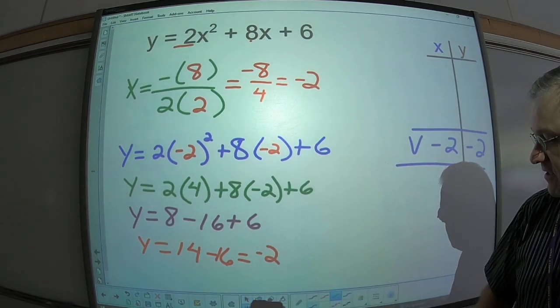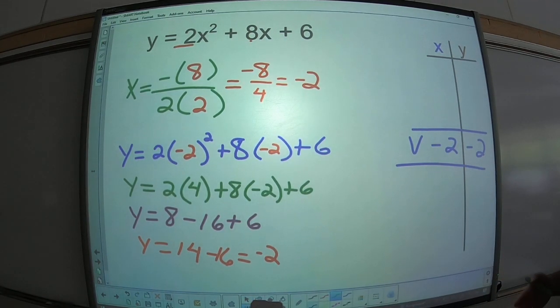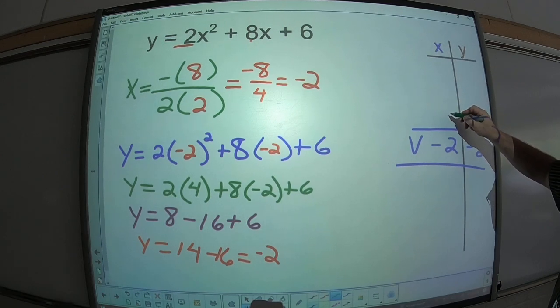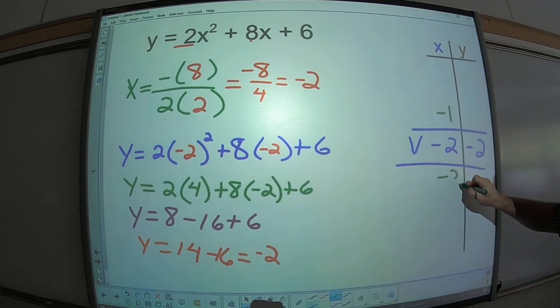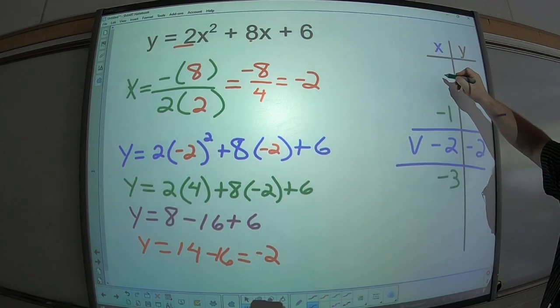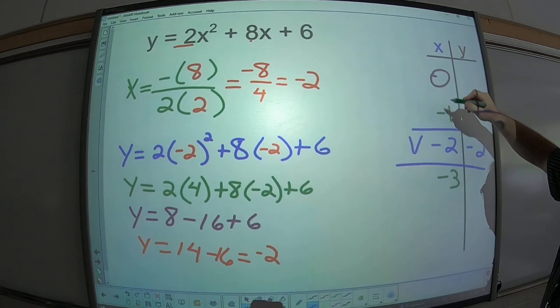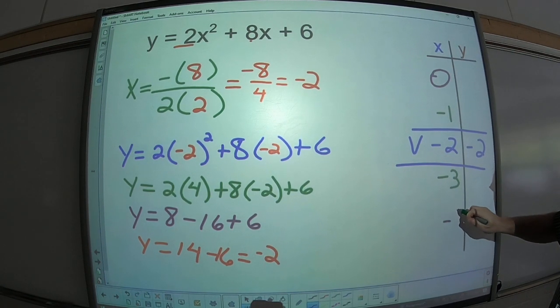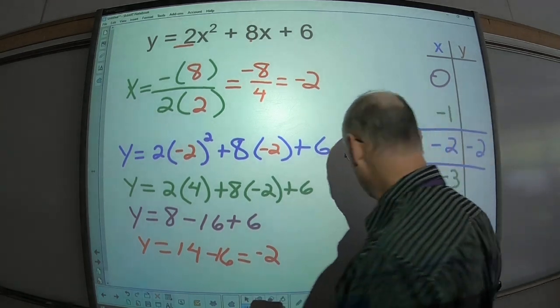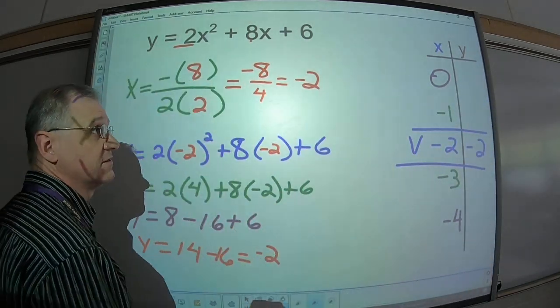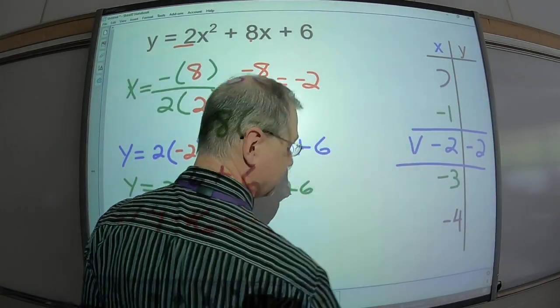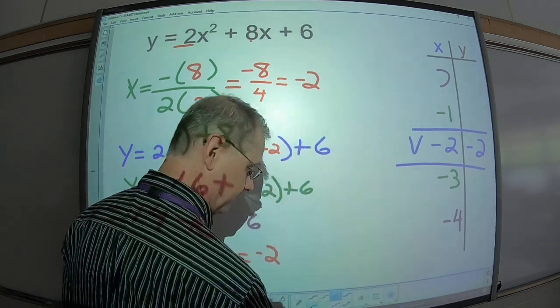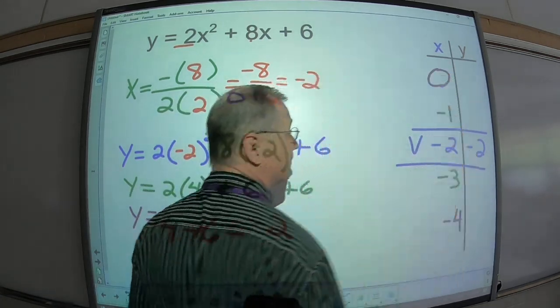All right, let's continue and find some values on either side of that, like -1 and -3, 0 and -4. And those should be enough points for our graph.